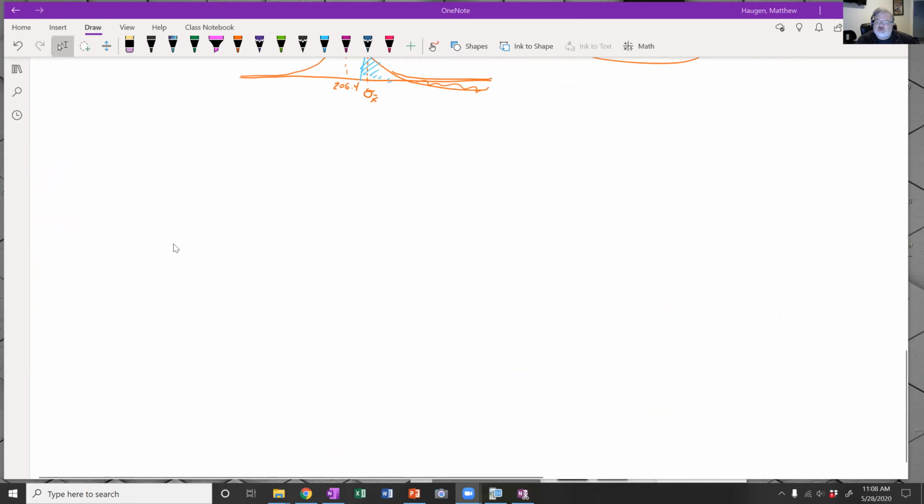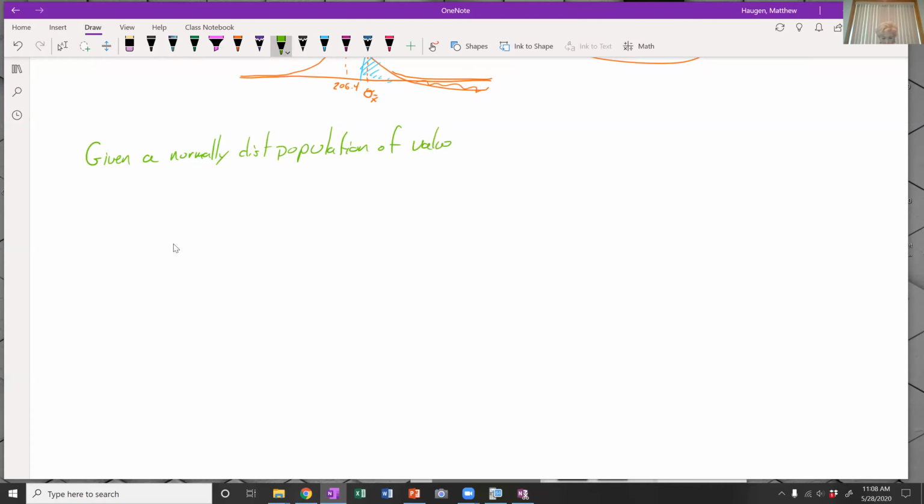Well, we could try this. Given a normally distributed population of values with a mu of 47 and a standard deviation of, I don't know why I switched to of instead of equals, but that's okay, of, let's go with 13.